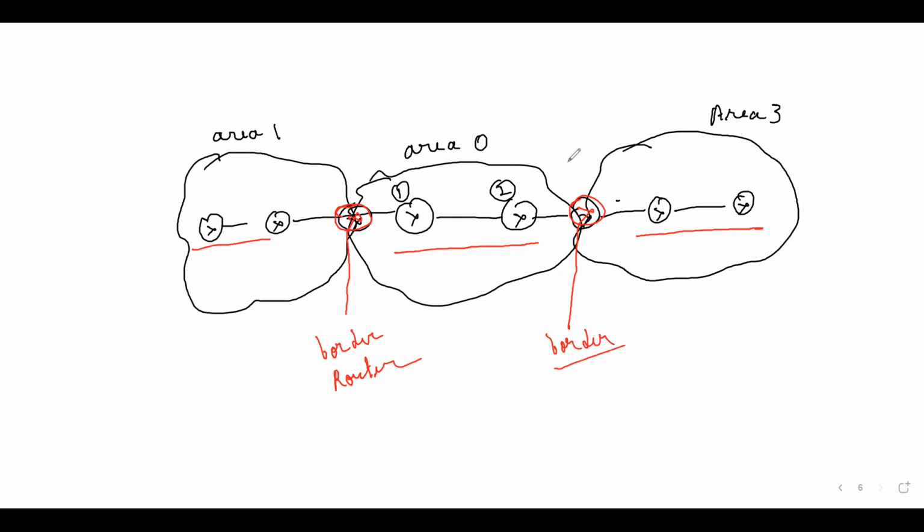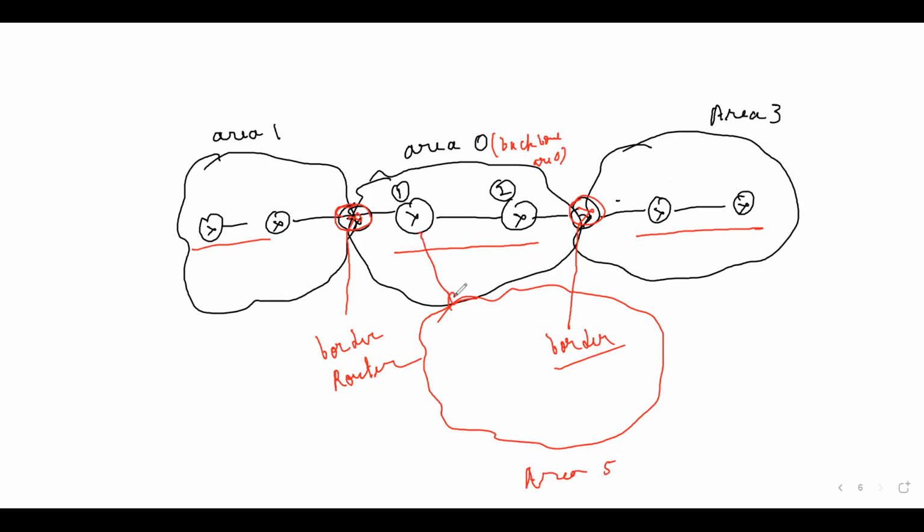Only this area is very important, the backbone area. Every area should be connected to this backbone area. If you want to make a different area, it should be connected to this area. Like suppose this is area 5, it should be connected to this backbone area. Otherwise, your area will not work, your communication will not work. OSPF works according to areas.